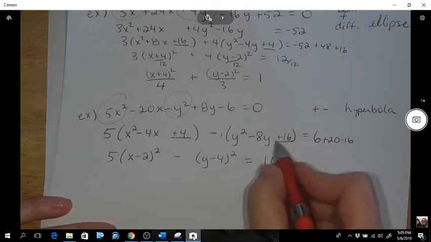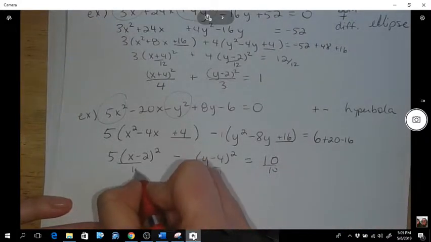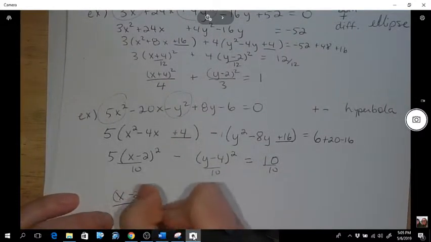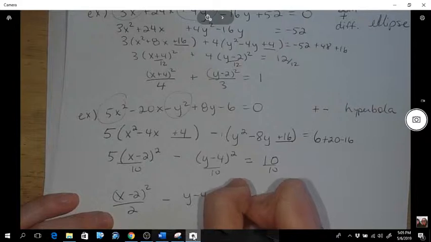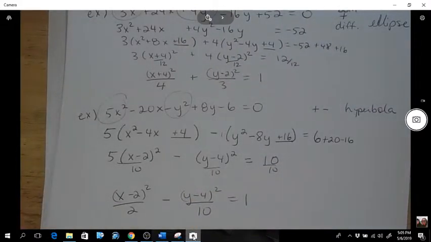Okay, goal to have 1 on that side. So our final will read (x minus 2) squared over 2 minus (y minus 4) squared over 10 equals 1. And there is your hyperbola in standard form.